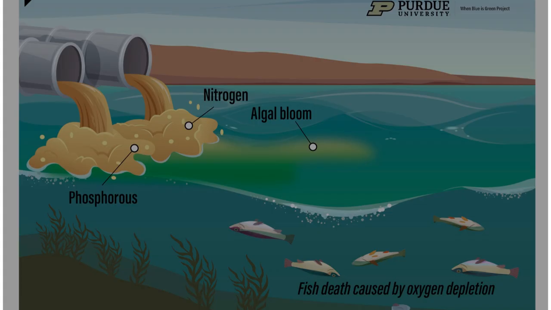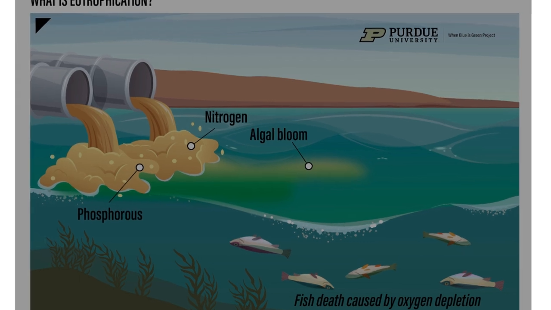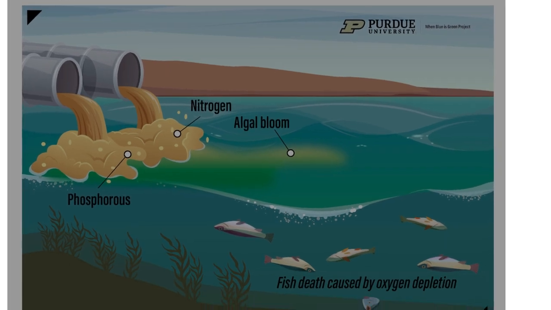Another human interference thing that hurts ecosystems and decreases the biodiversity would be runoff of fertilizers, water containing fertilizers.